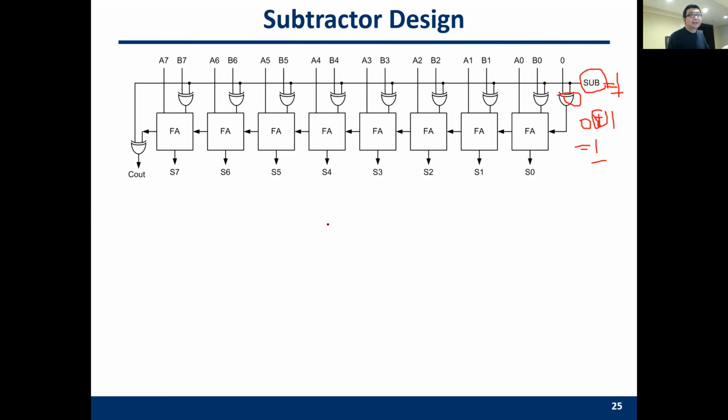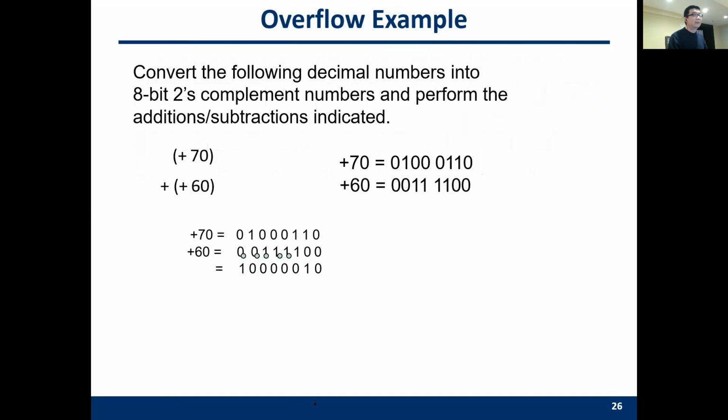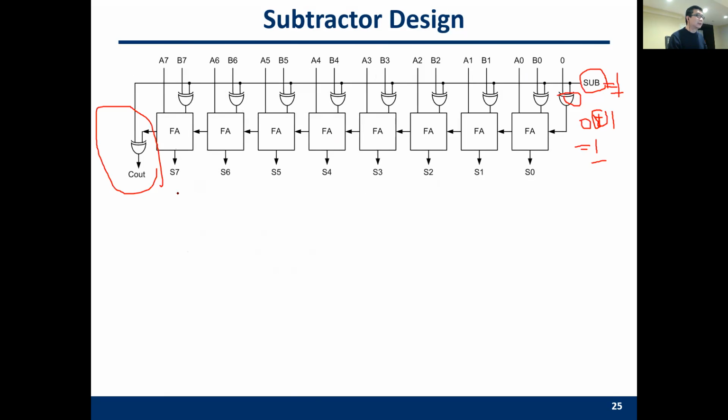So I explained what will happen if I set this sum to 1, and what will happen if I set this sum as a 0. So the only thing in this figure I didn't explain is this part. So let me explain that small part.